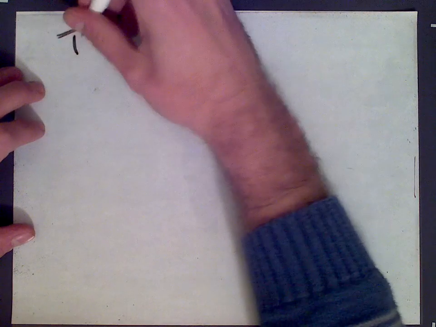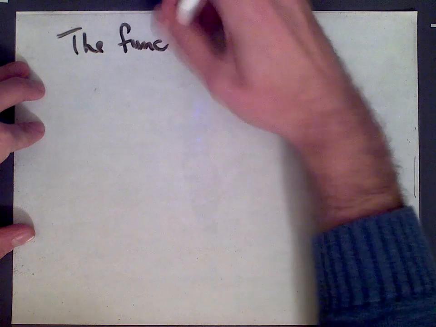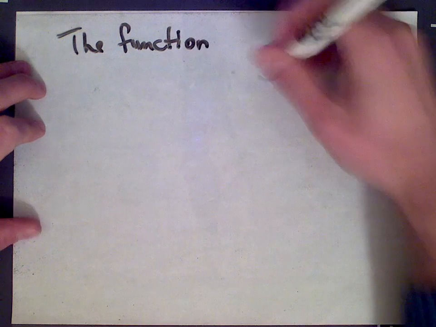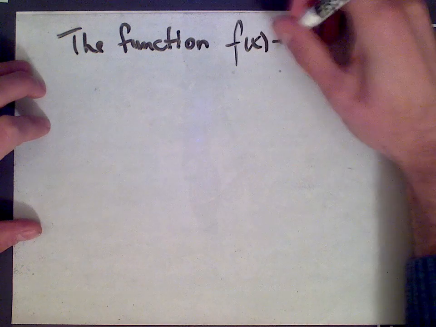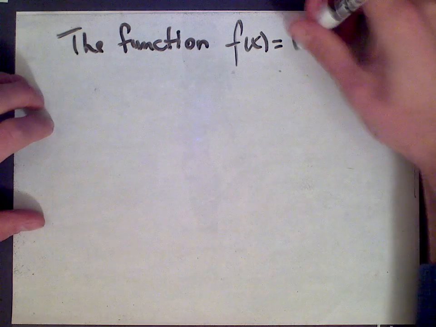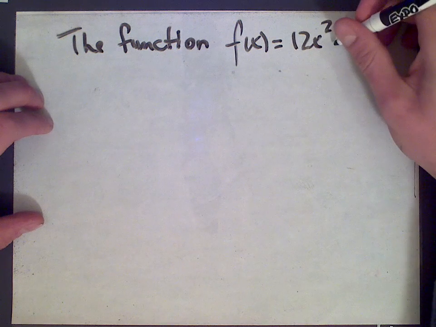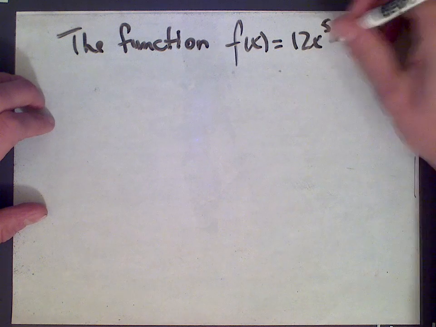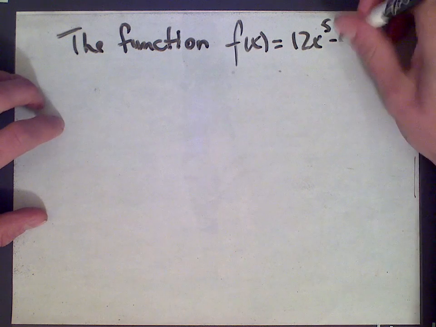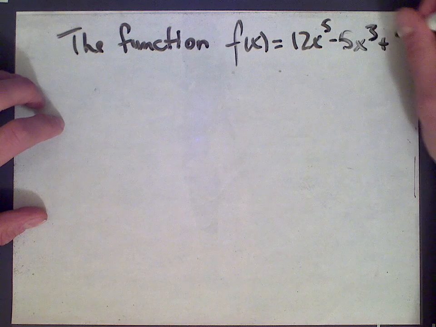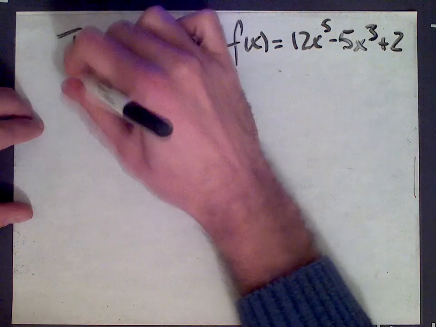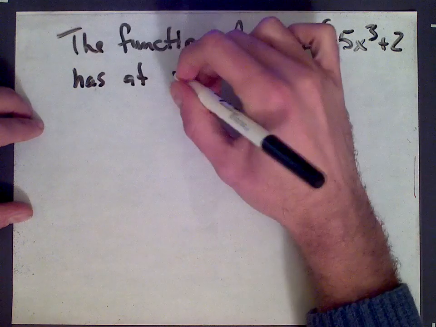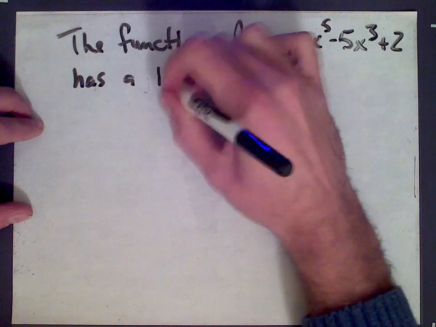The question is, we're given the function f of x equals 12x to the power of 5 minus 5x cubed plus 2. It has a local max at what?